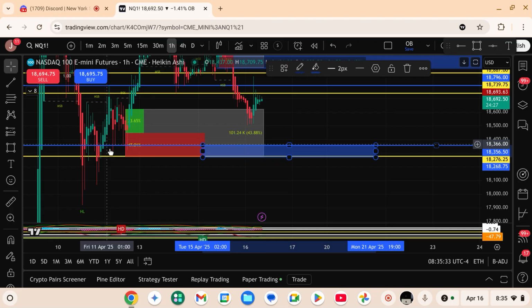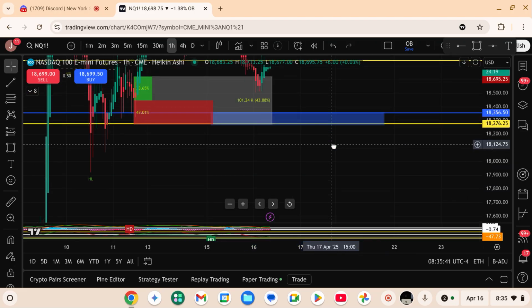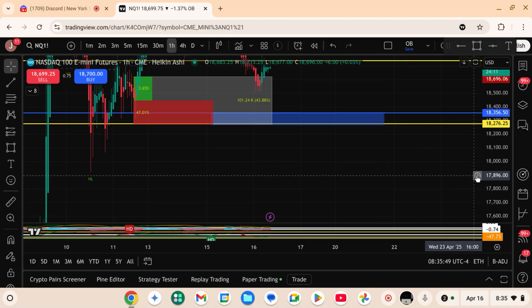These are all super strong support. So if it breaks that, we'll target this higher low here.